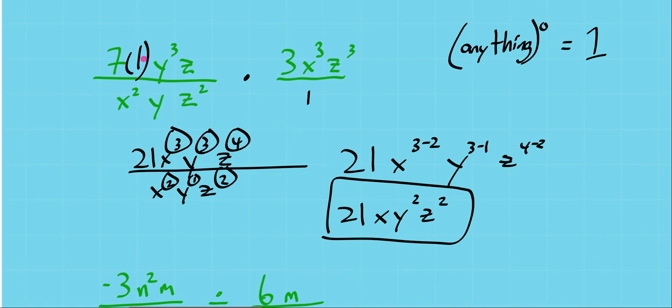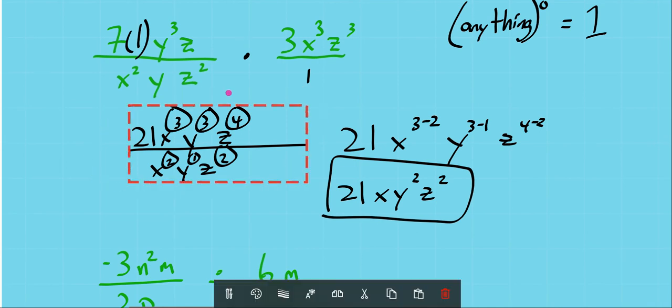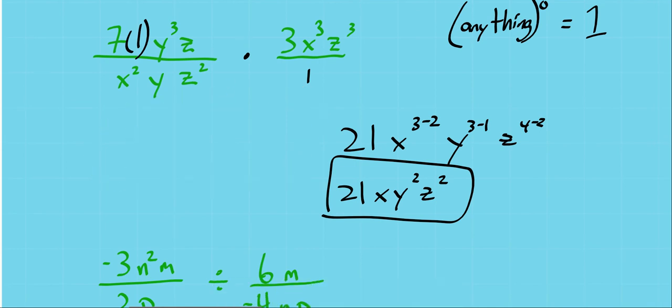We could have dealt with this entire fraction first and then multiplied by this. That's okay. You'll get the same result if you try. Don't believe me, just watch. So if we have 7 times y cubed times z over x squared y z squared.